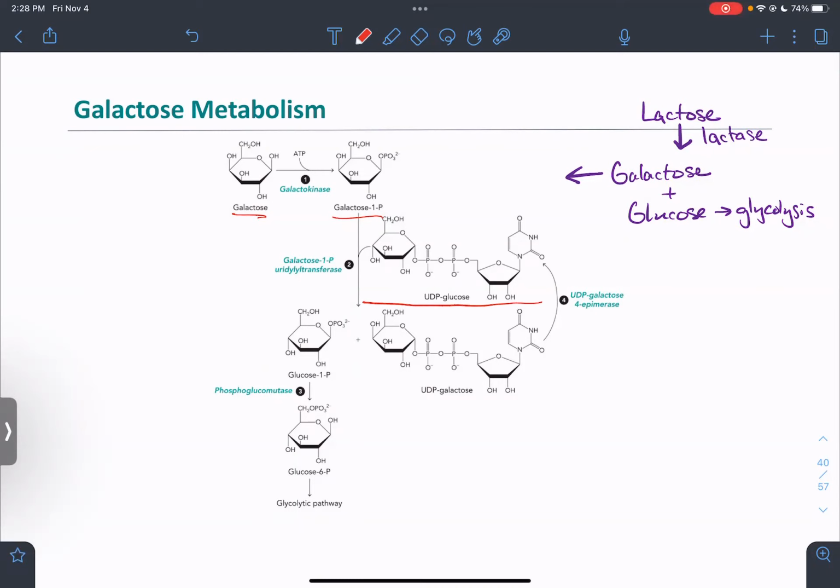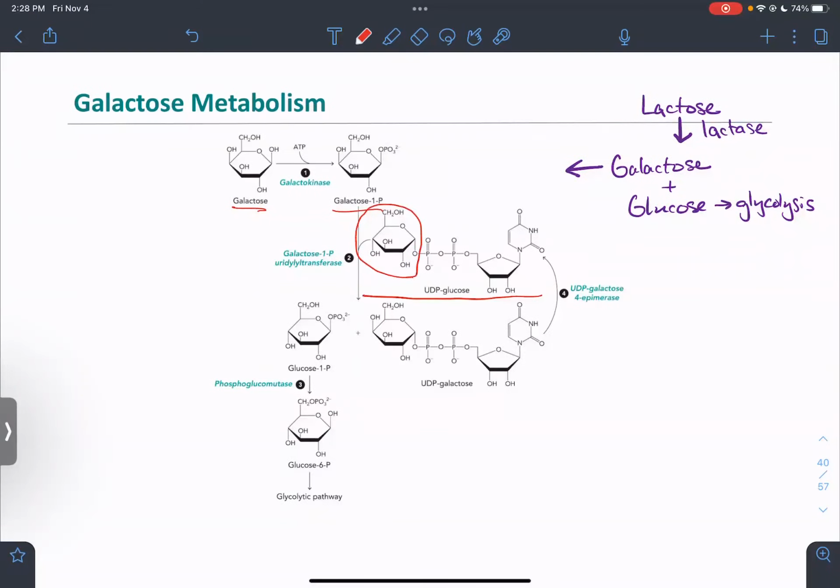UDP glucose is just like ATP, GDP, CDP, all of those different nucleotides. This one just has the sugar glucose attached to it. So we swap the glucose for the galactose.